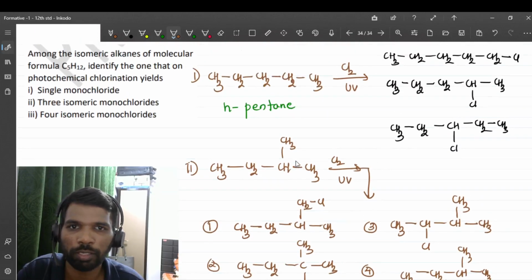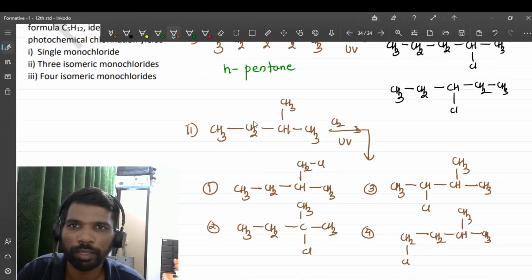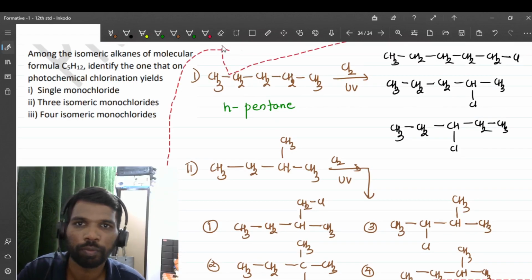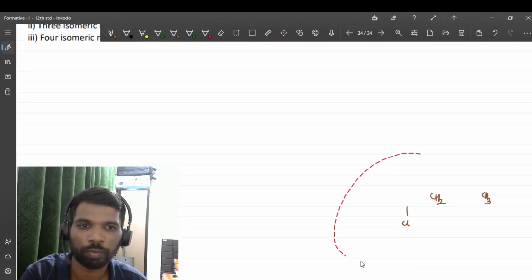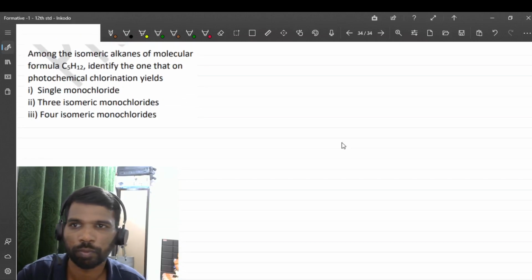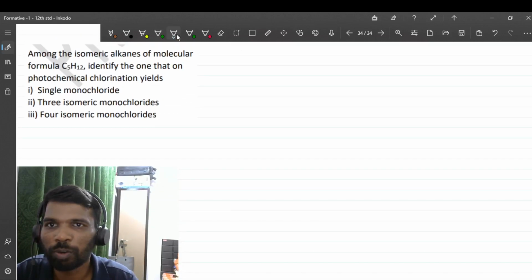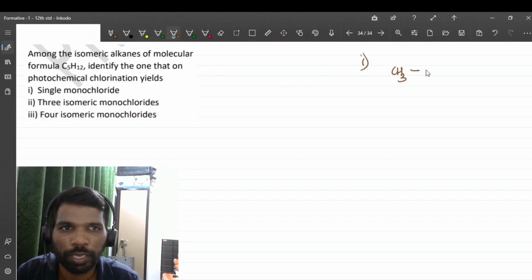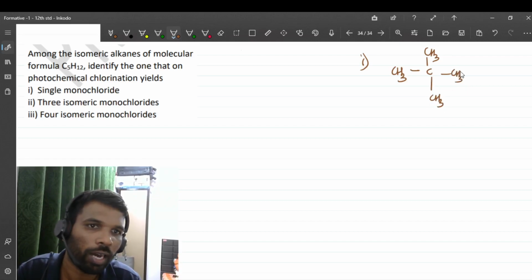And three single monochlorides. Just note this down. The third compound which I was getting was this: CH3, CH3, CH3, and CH3. See, all the carbons are equivalent.